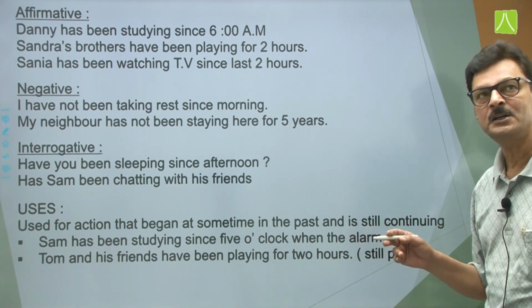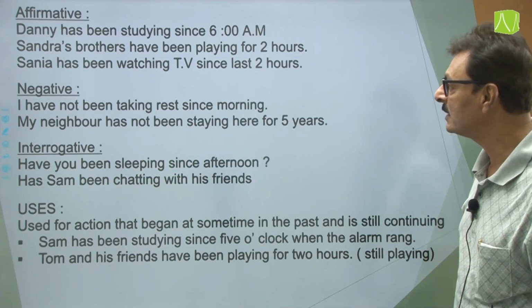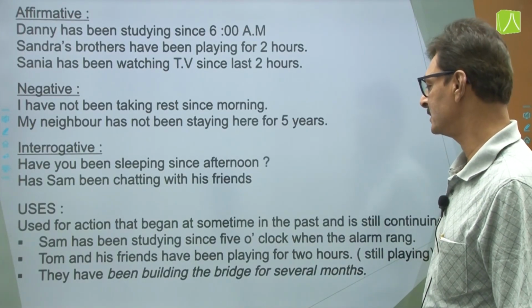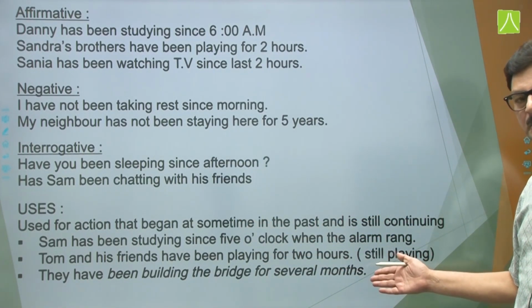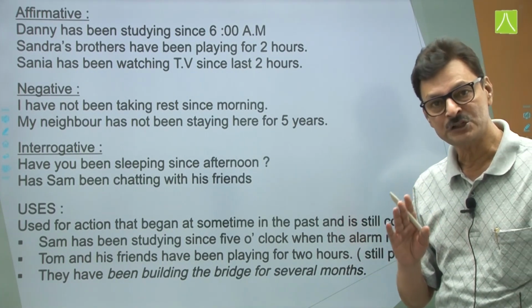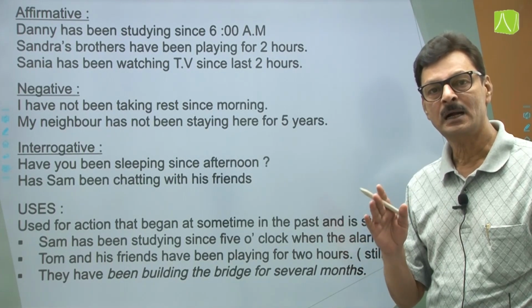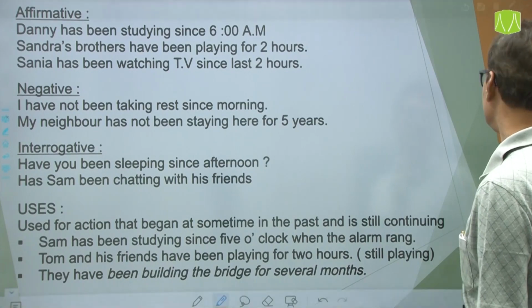They are still continuing to play. Yes. So this is something about present perfect continuous tense. They have been building the bridge for several months. काफी महीनों से ब्रिज बनता आ रहा है. So has the bridge been constructed? No. The bridge is still under construction. Yes. इस चीज का हमको याद रखना है.